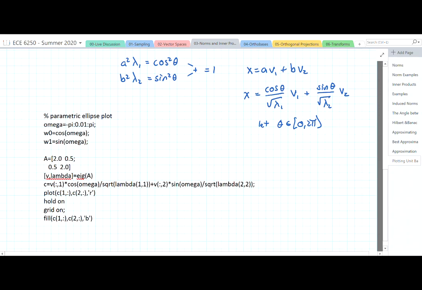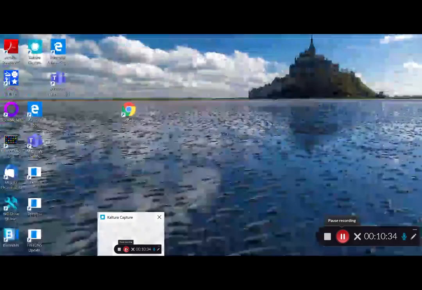And we now just create this linear combination where we have v colon comma 1, so the first eigenvector, times cosine omega divided by the square root of the first eigenvalue, plus the second eigenvector times sine omega divided by the square root of the second eigenvalue, and we plot them. And I'll show you a plot here in just a moment.